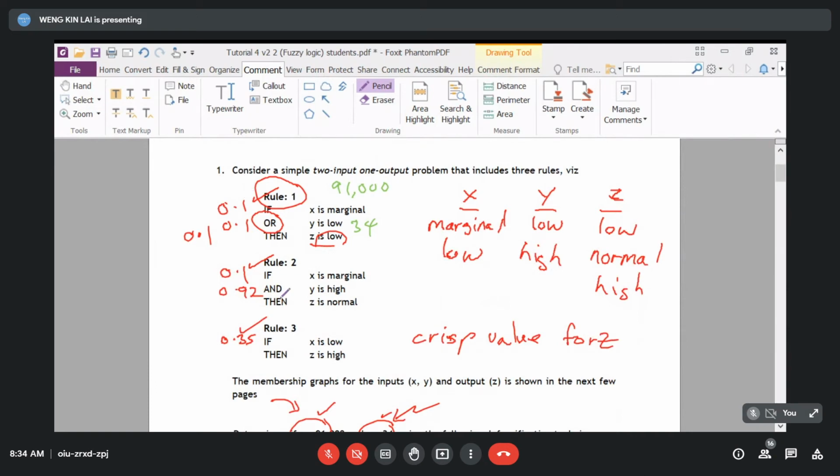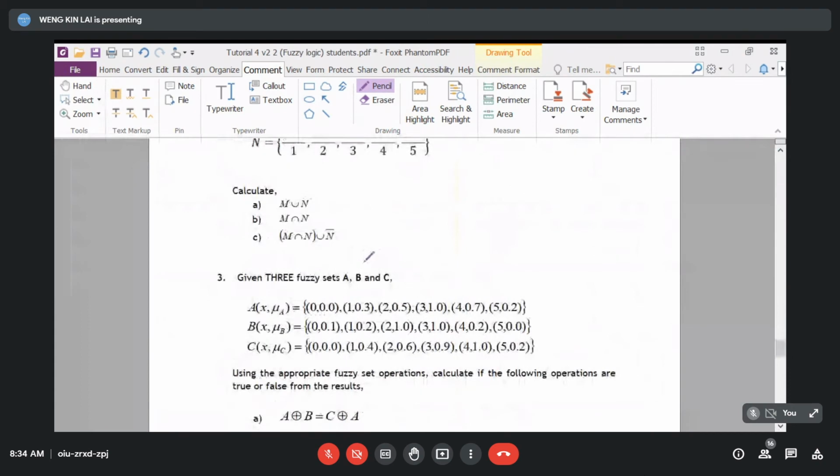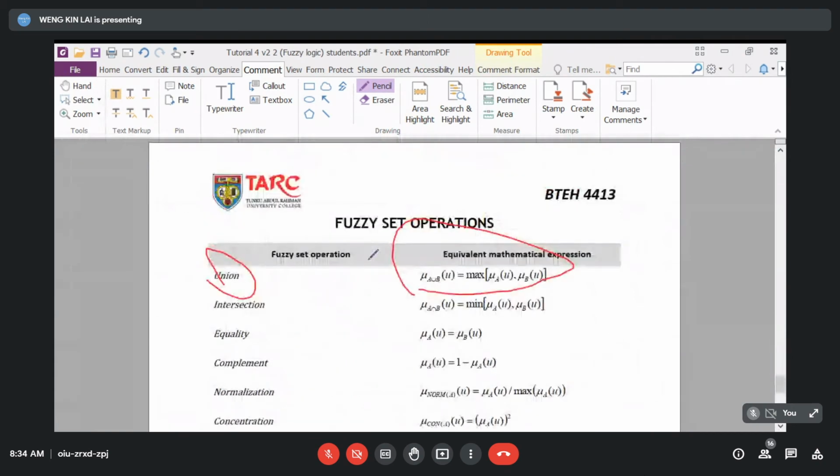Now, who else? Chungyi, simple one for you. For rule number 2, what should be my output for Z, knowing that this is an intersection? Intersection is your AND function. To help you, let's look at the reference, the fuzzy set operators.